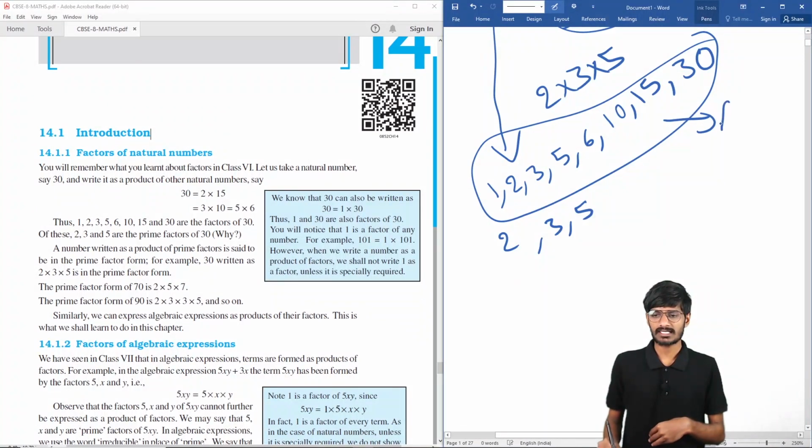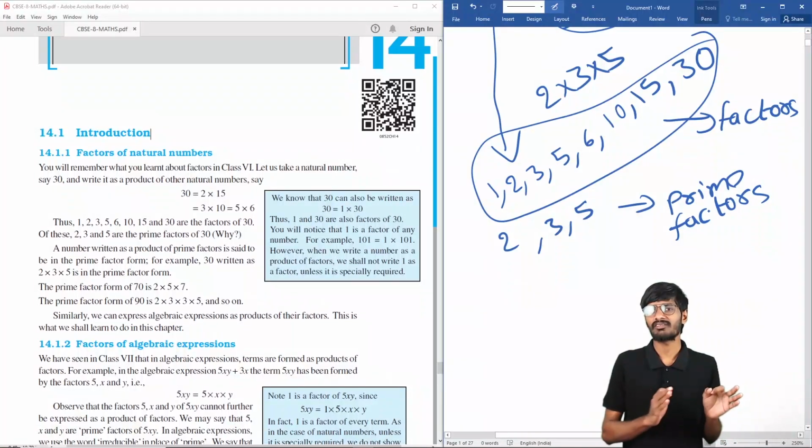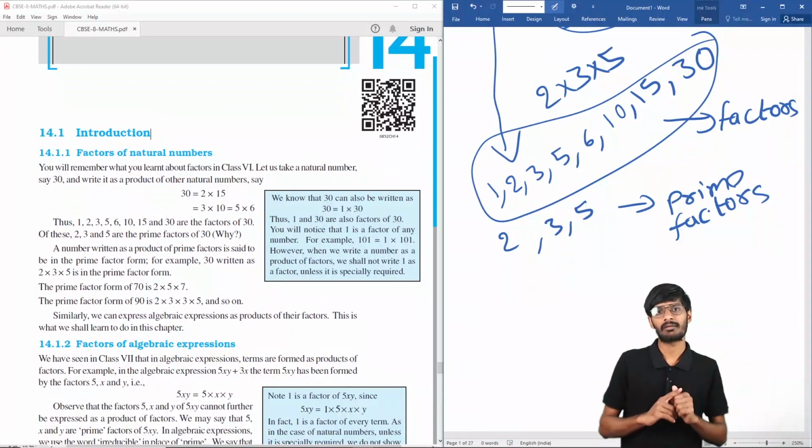So all these are the factors of the number 30, and the prime numbers among the factors are called the prime factors of the number. What is the difference between a factor and a prime factor? Prime factor means it is a factor of that number and it is also a prime number.